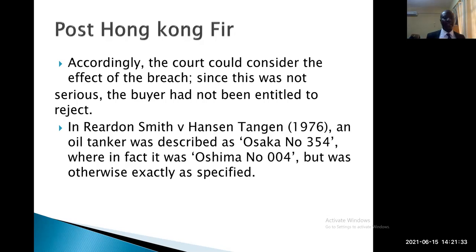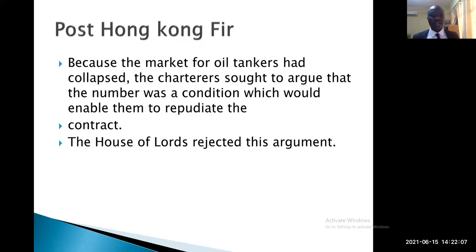And that was why in a similar case after the Mihalis Angelos, Reardon Smith against Hansen-Tangen, an oil tanker was described as Osaka number 354. In fact, it was Oshima number 004. That was otherwise exactly as specified. It was just the description which appeared different.